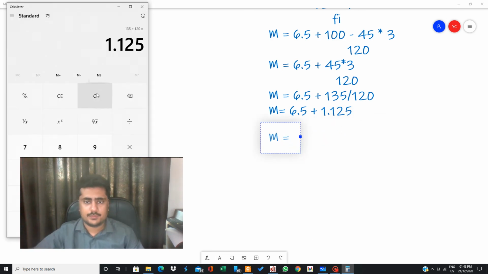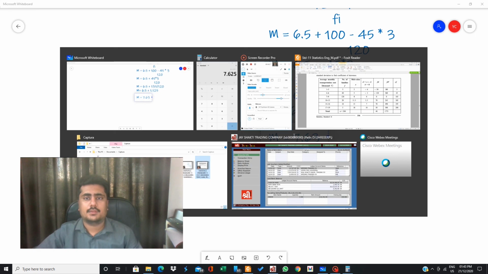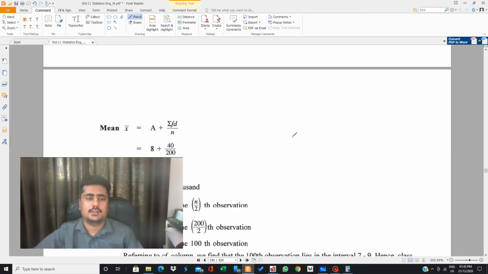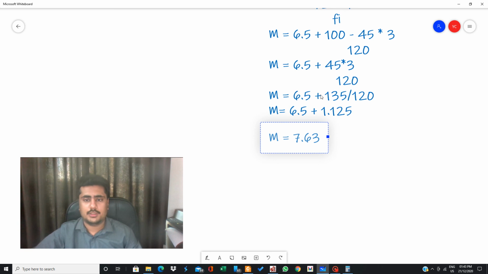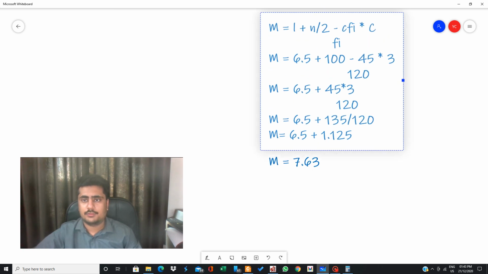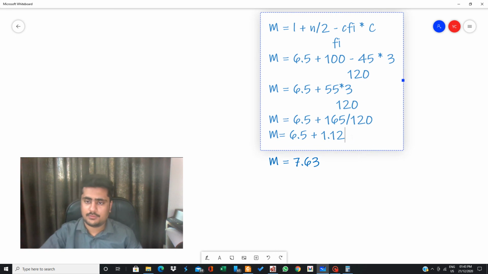So median is 6.5 plus 1.125, 7.6. Actually, 100 minus 45 is basically 55. 55 into 3 is 165, and 165 upon 120 is 1.375.